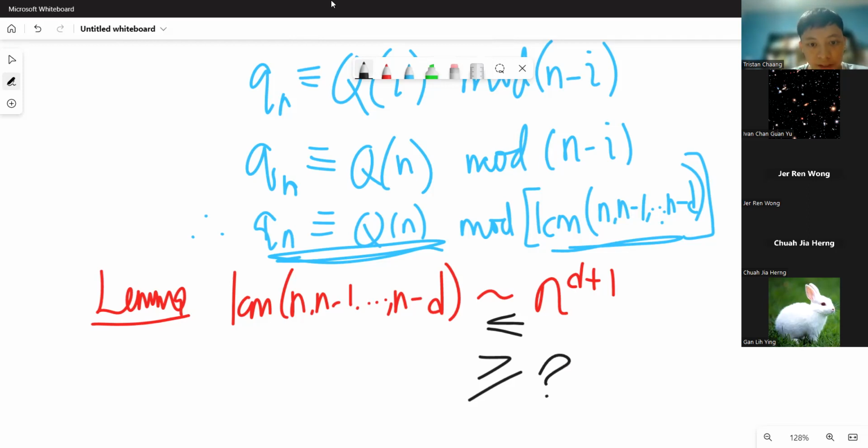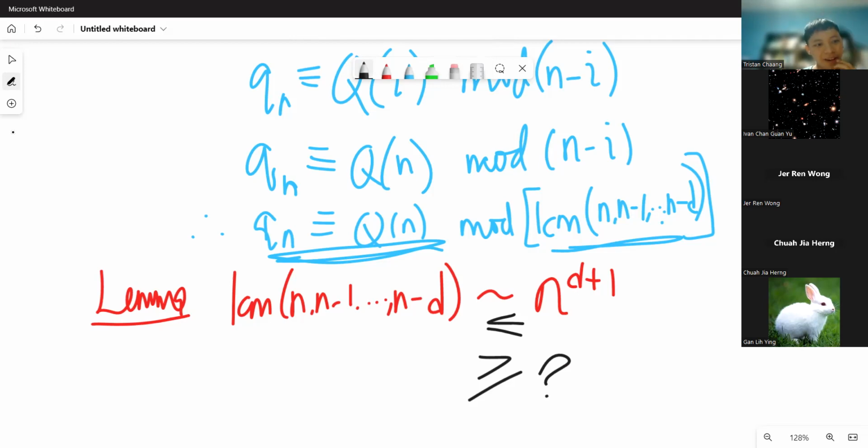Primes larger than or equal to d plus 1 cannot be a factor of two terms. Wait, what? What do you mean? Cannot be a factor. Okay, as in p divides.